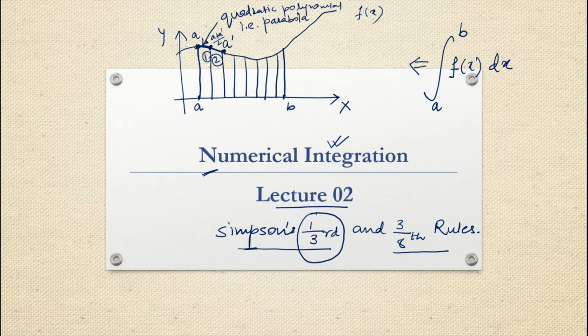Similarly, we keep approximating the real curve with parabolas, considering two subintervals each time, where the 3 points are the leftmost point, the rightmost point, and the midpoint between them. This method is called Simpson's 1/3 method.